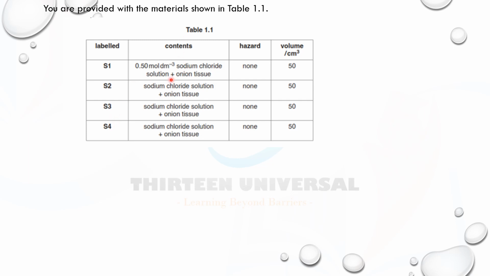This is telling you the contents: 0.5 mole per liter sodium chloride solution and onion tissue. S1 is known. We don't know S2, S3, S4, but they all have sodium chloride; we only know the concentration of S1. Now, the hazard: none of them is hazardous, so don't be afraid. None of them will cause injury or harm.